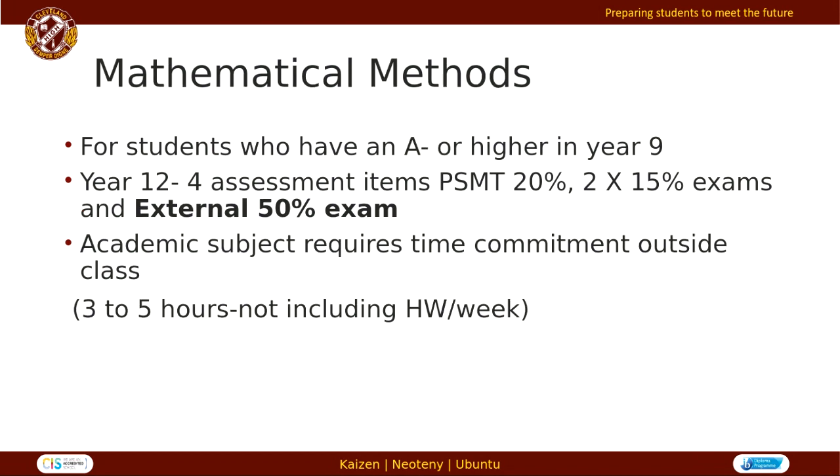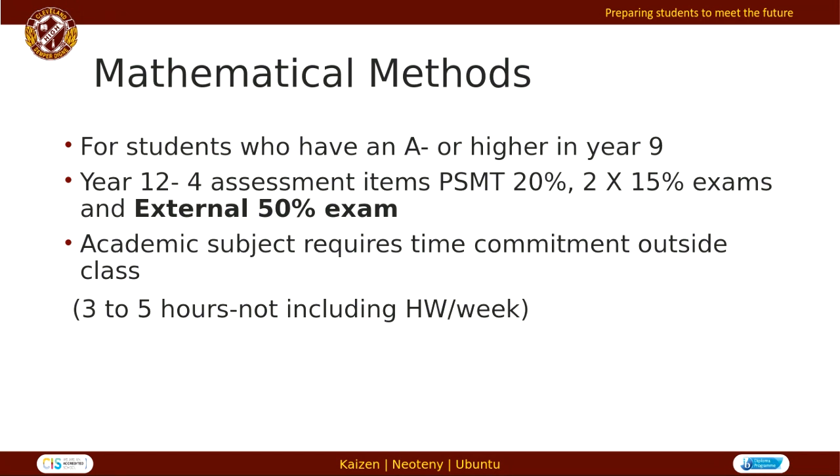And then we move on to mathematical methods. So mathematical methods is for a student who has an A- or higher in year 9. Once again, it is very similar to general mathematics. So in year 12, there are 4 assessment items.